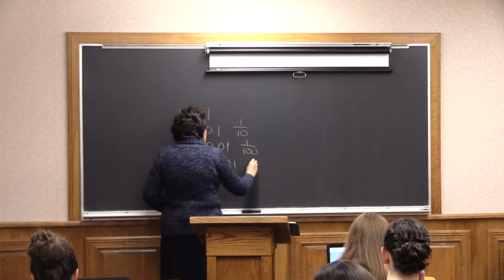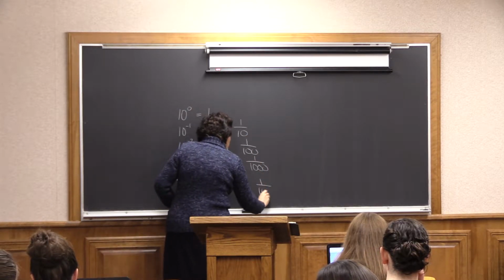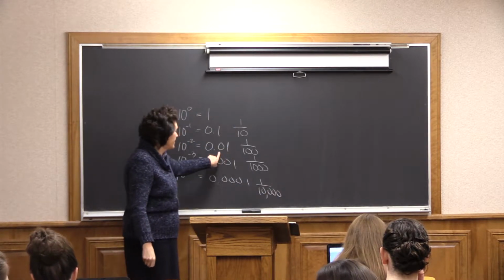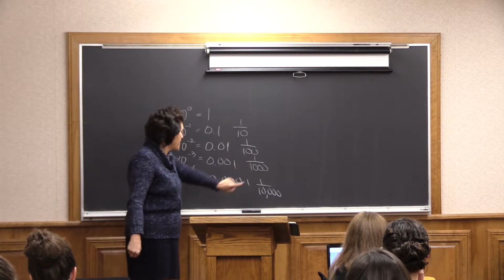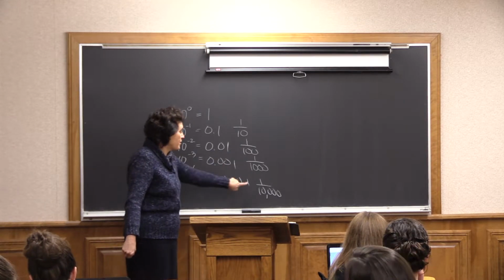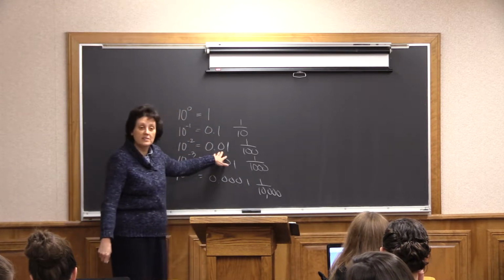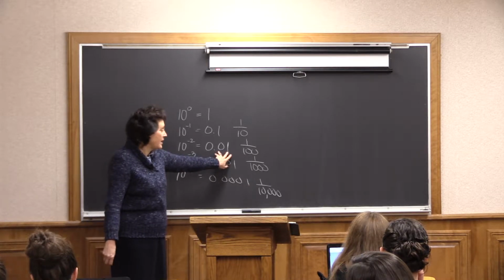1/10, 1/100th, 1/1000th, 1/10,000th. Unfortunately, how do we usually read this number? 0.01. Okay.